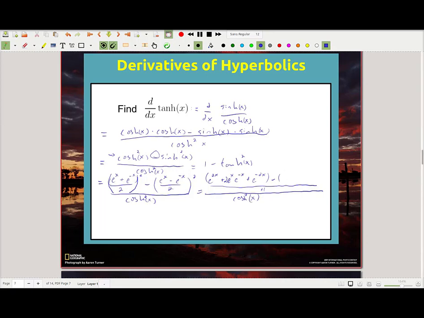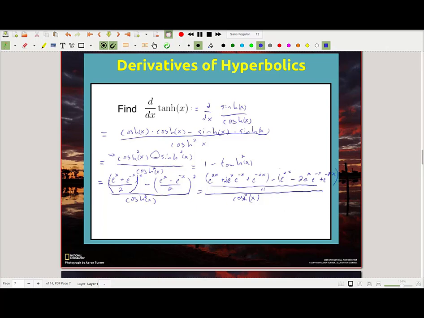Okay, so now I'm squaring the second fraction here. That is e to the 2x minus 2 e to the x e to the negative x, and then plus e to the negative 2x.